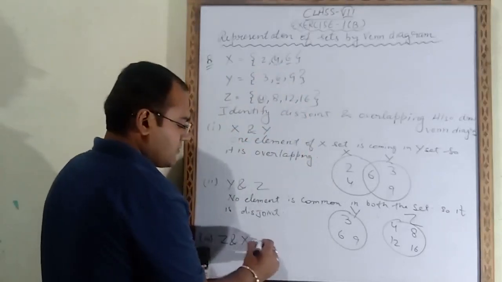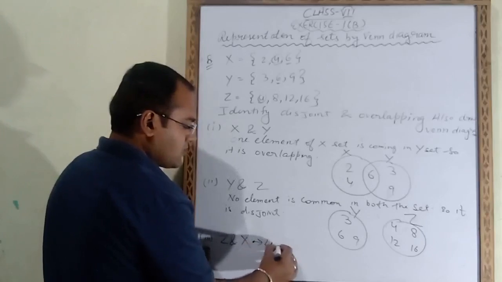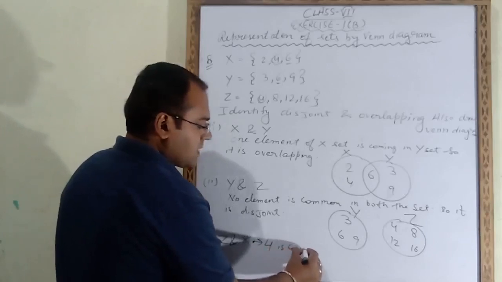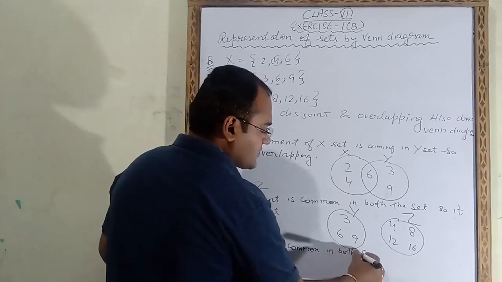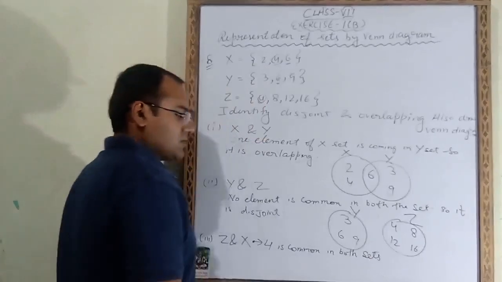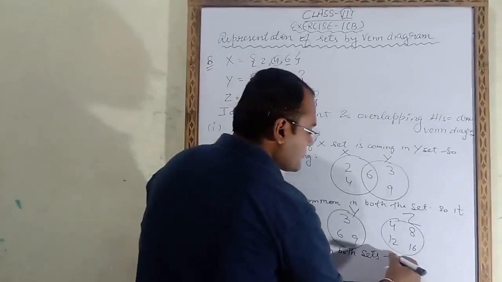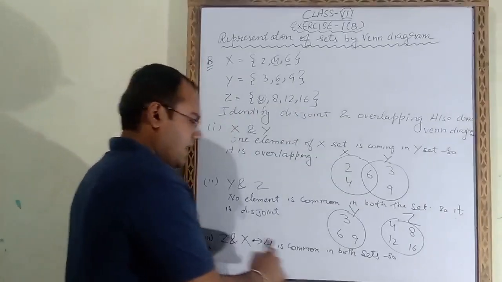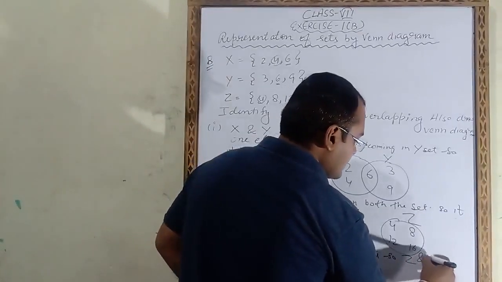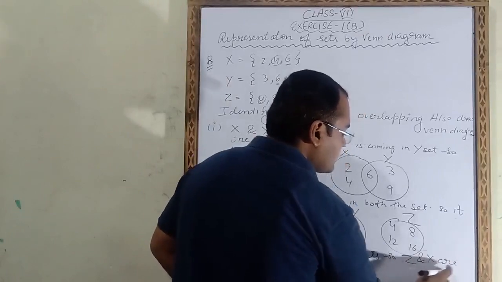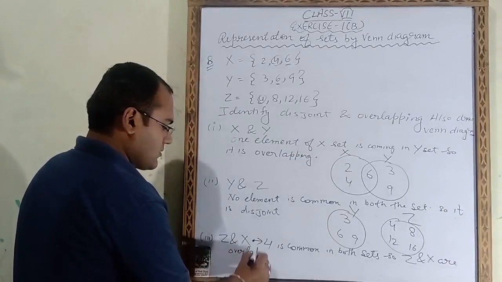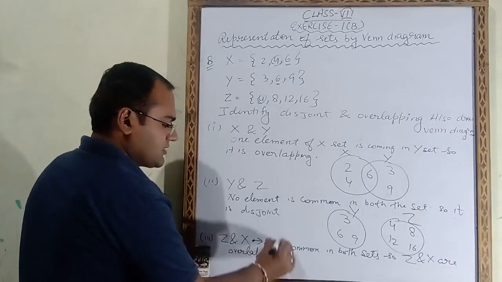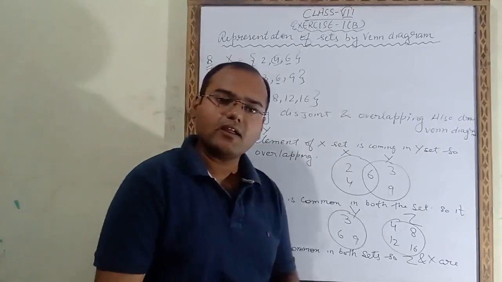You will write here 4 is common in both sets. So Z and X are overlapping. That's why Z and X are overlapping.